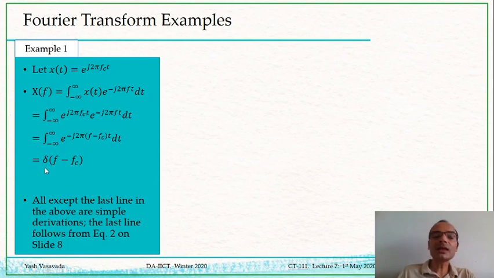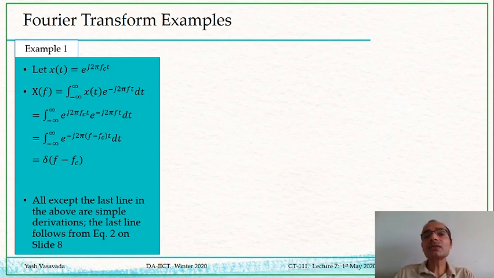In the frequency domain, all the values of f are 0 except the value at f of c, and there I have this impulse. As soon as I move away even slightly from fc in the frequency domain, I get nothing. Obviously, because x of t doesn't have any other frequency apart from f of c. So the Fourier transformation of this complex phasor is very intuitive. It is the outcome of our analysis that we have done.